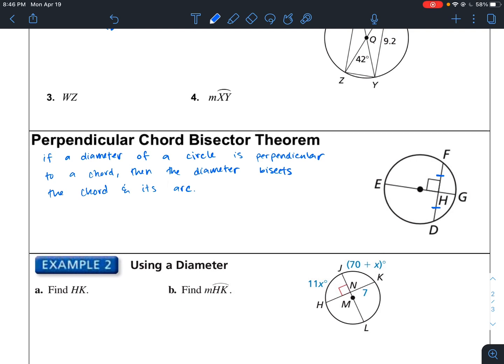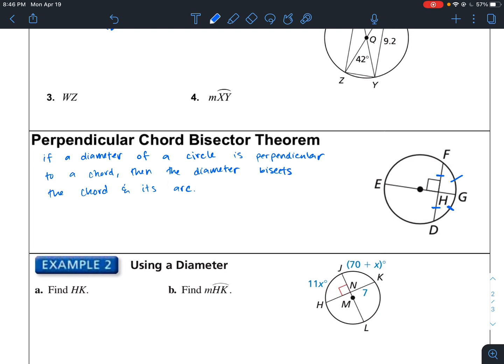So it's cut in half. The chord is not the diameter. The chord is cut in half. And that also means that the arc is also cut in half. So that means that this arc length has to be the same measure as this arc length right there. And that's pretty much all it says.